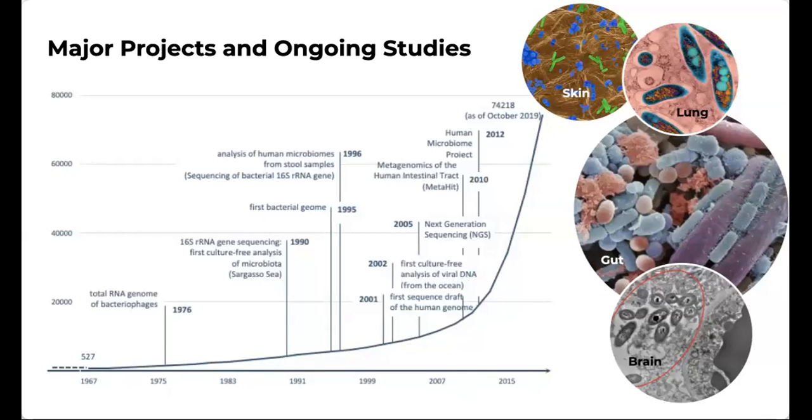So the result of such studies and several ongoing studies is that we have skin, lung, gut, even brain microbiota characterized for healthy individuals, and they are available for us to download and refer to and to proceed with further analysis. So these studies and their data are extremely valuable resources for us to understand patterns among these microbial communities in association with different cases, or in association with chronic diseases, diabetes, obesity, or general well-being, etc.